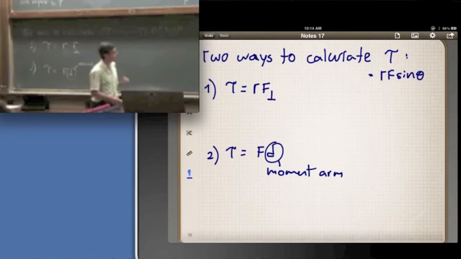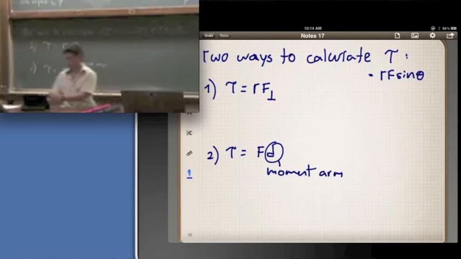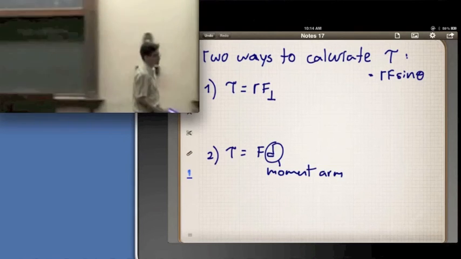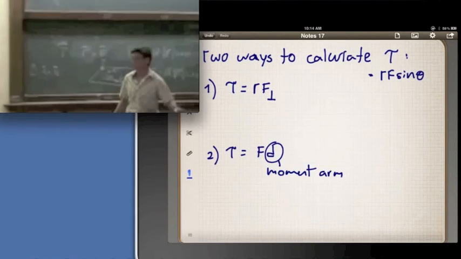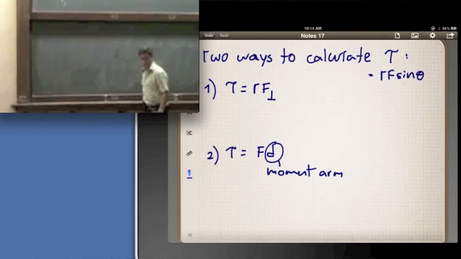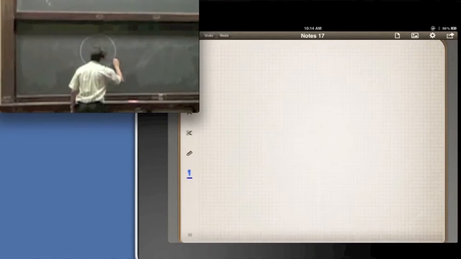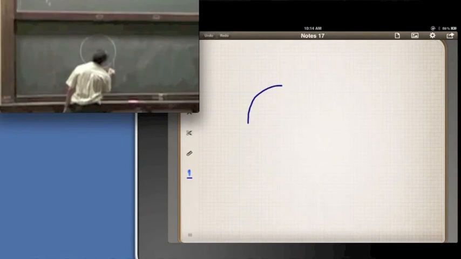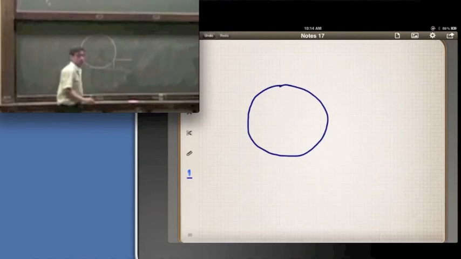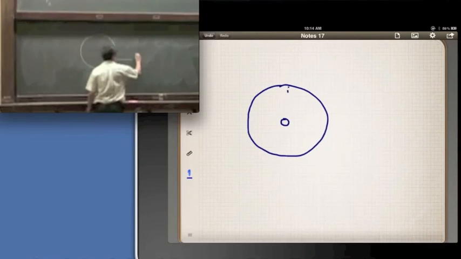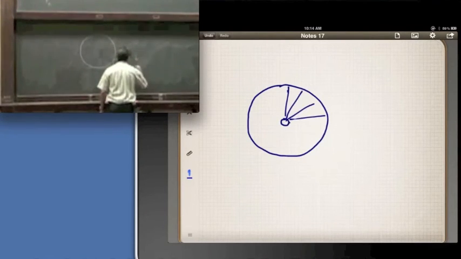So let me give you an example of a case where one of them is clearly better than the other one. So suppose you have a bicycle wheel, and you're trying to make this wheel go over a step. The height of that step is h.